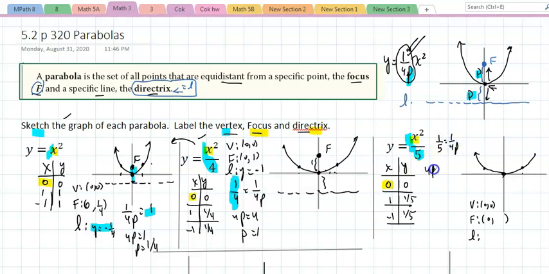Cross multiply. P is 5/4. So if I move 1 and 1/4 above, label that as a focus. If this is 5/4, isn't it right there? And if I move 5/4 down, isn't the equation y equal negative 5/4?